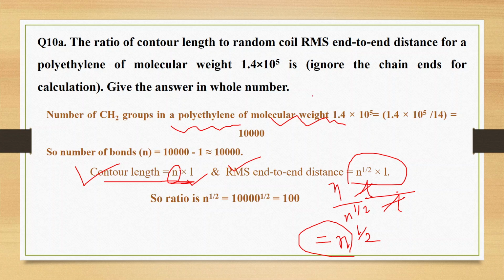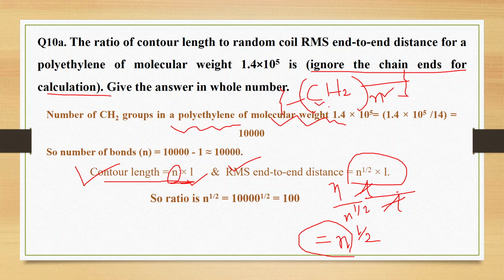Now you know that polyethylene consists of only CH2 groups. It is like (CH2) whole n. We can write this. Already they have said to ignore the chain ends, so we do not need to know what is there in the chain end. We can obviously ignore them. And in the middle, we only have (CH2) whole n, and you have to get the value for n.